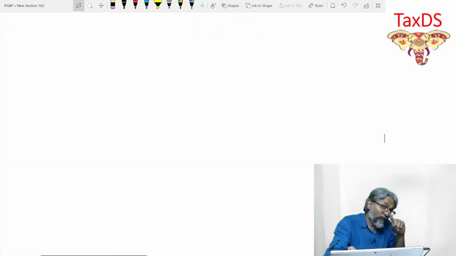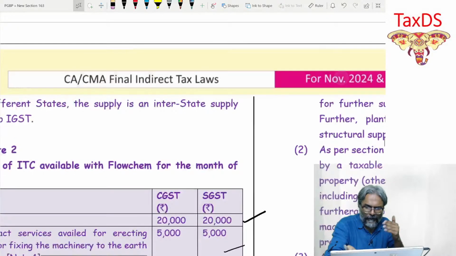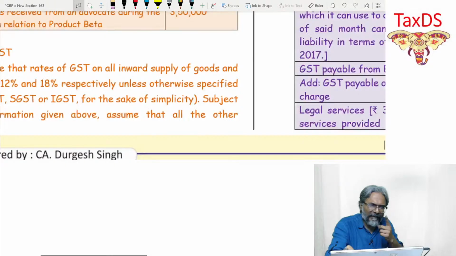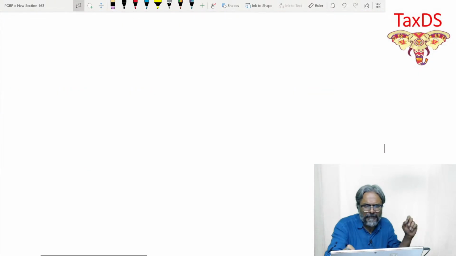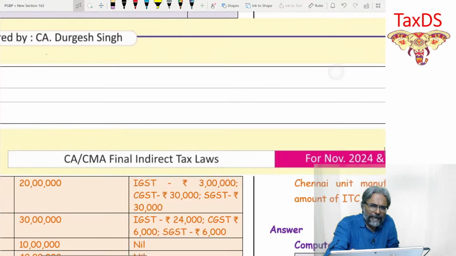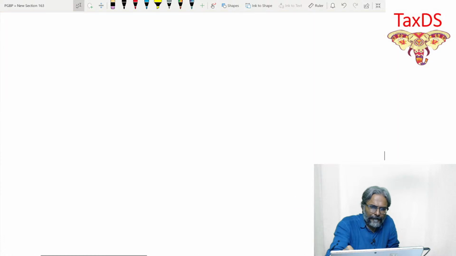Let's take the next comprehensive question, which is number 37. Rest of the questions, students, we have done. Other questions are in respect of exempt supply, for which, as I told you, I'll take a separate session on exempt supply. Please take this particular part, all of you. Question number 37.